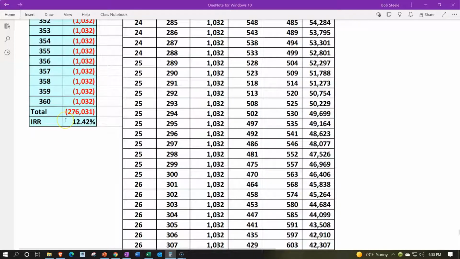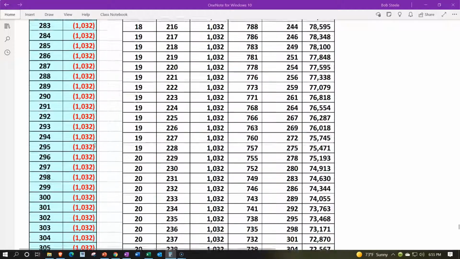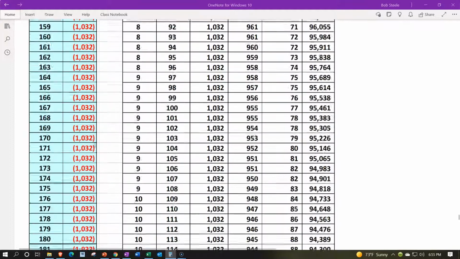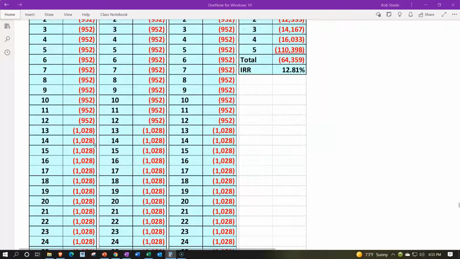The IRR, the rate at which this series of payments, now being a little bit more accurate because we're on a monthly basis, and this is a yearly IRR, but a monthly that would give us the 12.42 internal rate of return, which we might be able to compare with other potential investment opportunities, taking into consideration risk and so on as we do those kinds of comparisons.